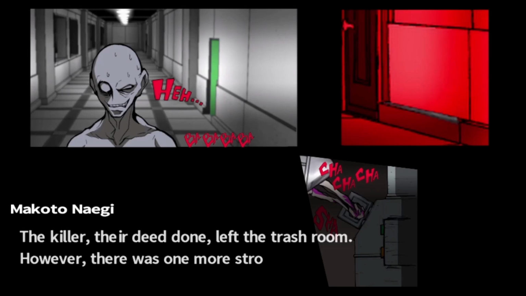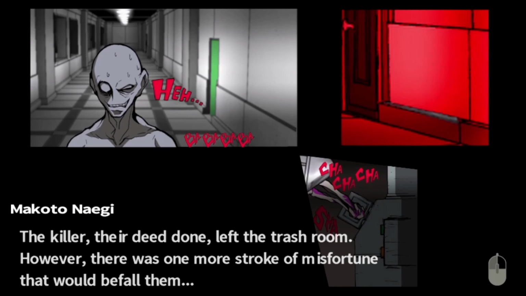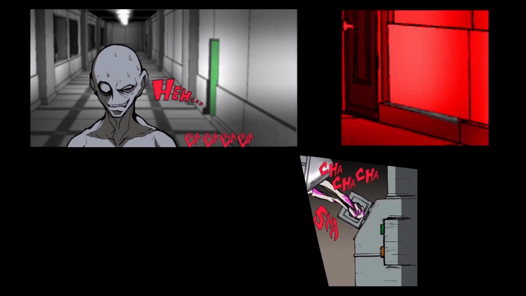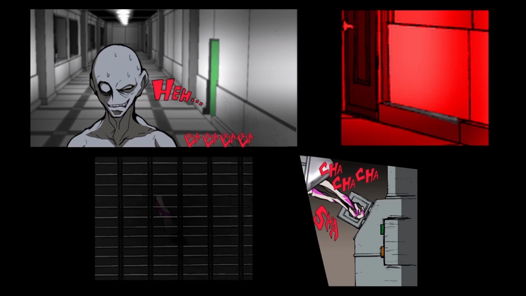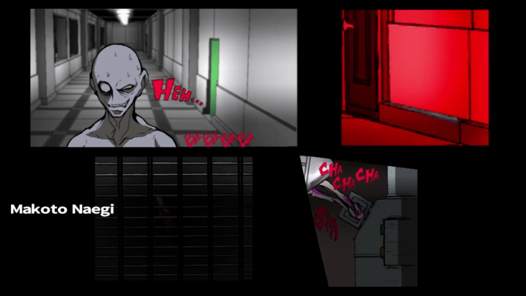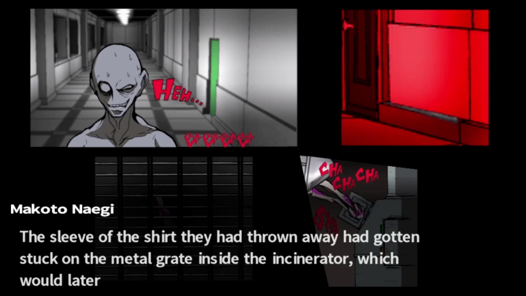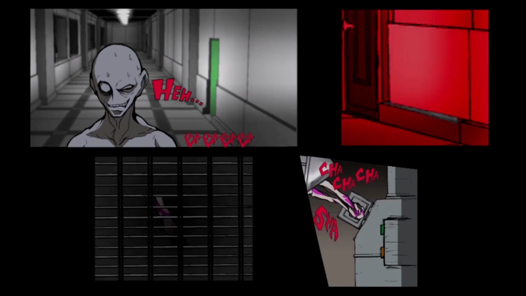The killer, their deed done, left the trash room. However, there was one more stroke of misfortune that would befall them. The sleeve of the shirt they had thrown away had gotten stuck on the metal grate inside the incinerator, which would later spare it from being burned.